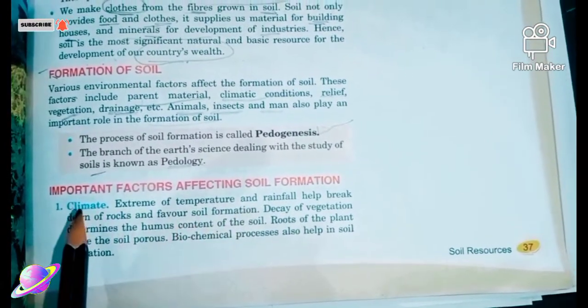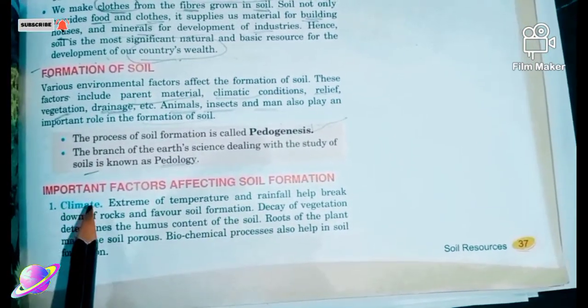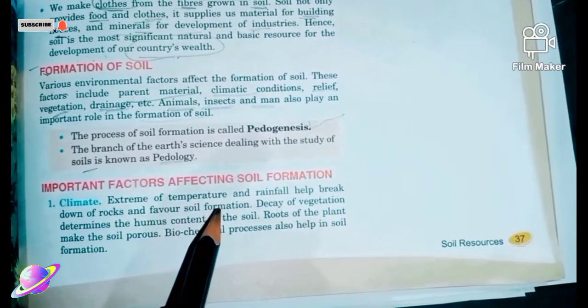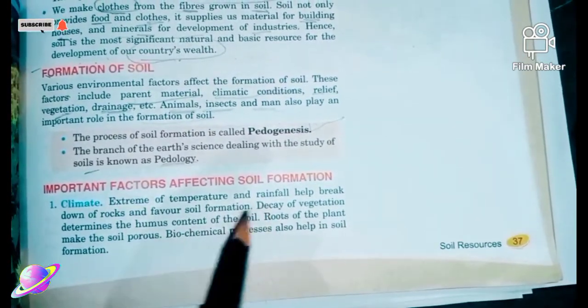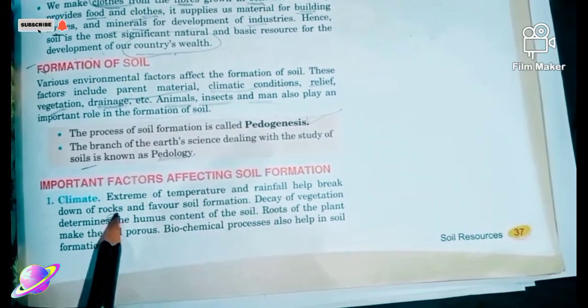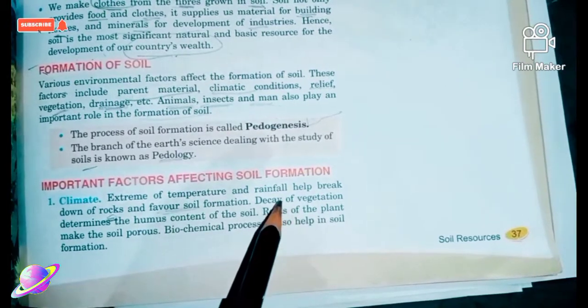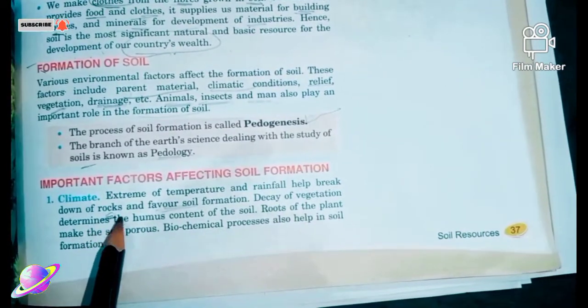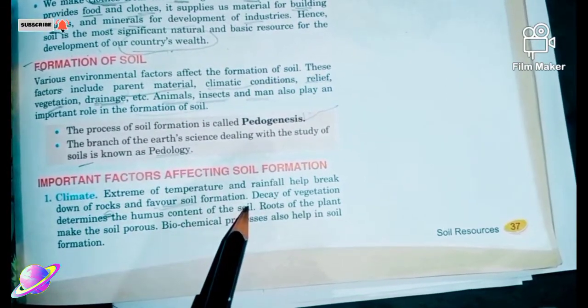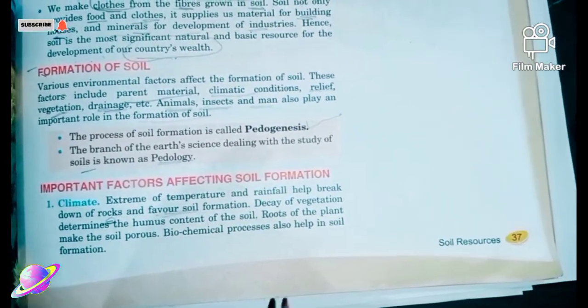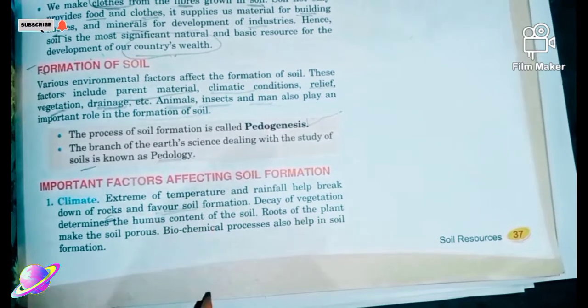Here are some factors affecting soil formation. The first is climate. Extreme temperature conditions and rainfall can break down the rocks, and they favor soil formation. Decay of vegetation determines the humus content of the soil. How much vegetation decays into the soil makes the humus content.